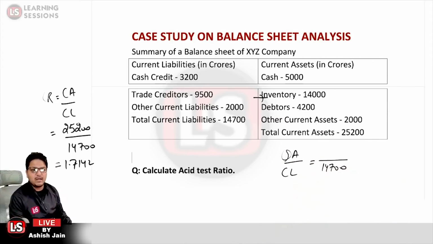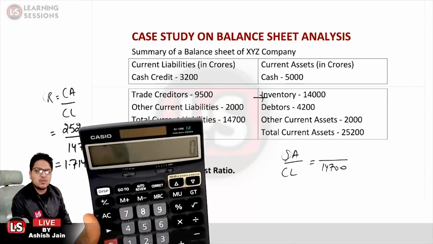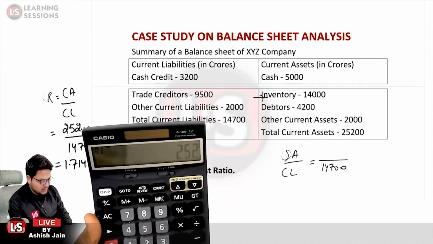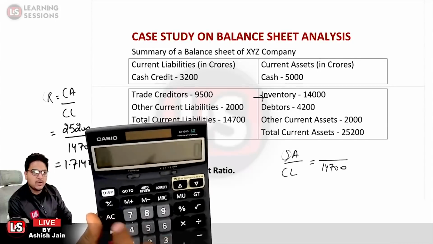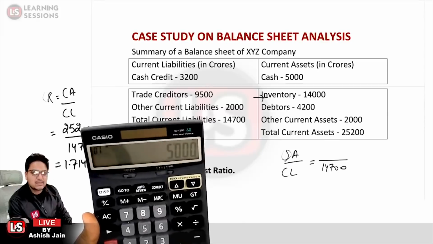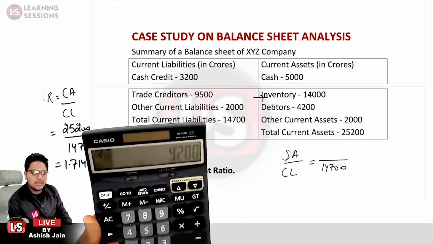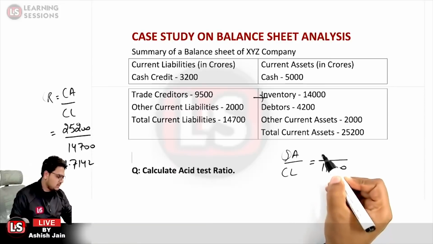The inventory component amounting 14,000 crores will not be considered. That is equal to 25200 minus 14,000, that is equal to 11,200, or we can simply add them all up: 5,000 plus 4,200 plus 2,000, that is equal to 11,200, one and the same thing.